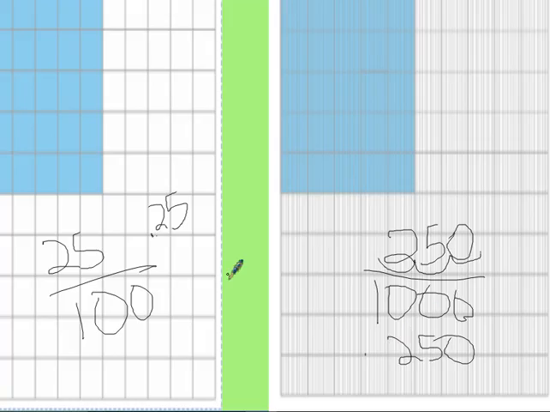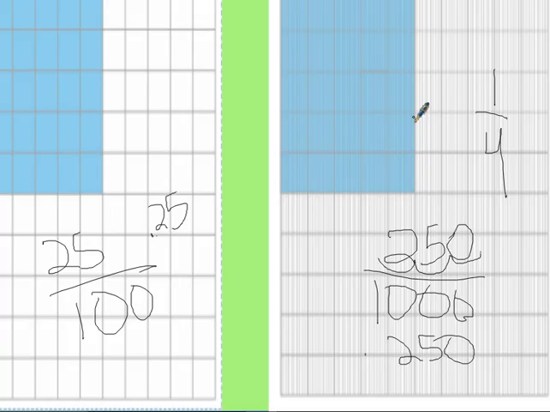Now, really, 25 hundredths and 250 thousandths are exactly the same, or equivalent to each other. What would that be in a fraction? It's still 1/4, because if we would have moved all of these, we would have had 1 shaded in out of 4. They just keep getting smaller.